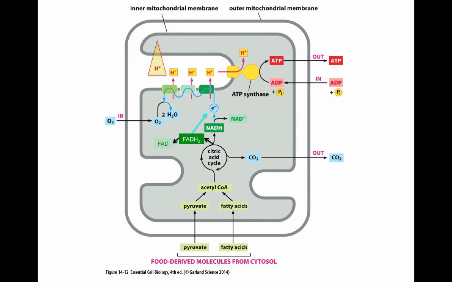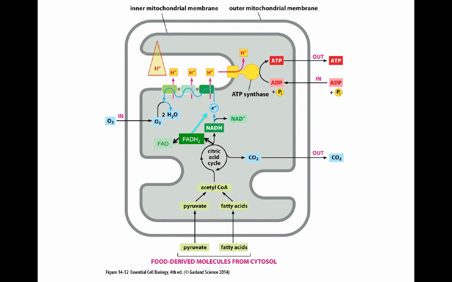Those two molecules are going to donate their electrons to the electron transport chain, shown over here at the top. The molecules of the electron transport chain present in the inner membrane of the mitochondria will pass those electrons eventually to oxygen, generating a water molecule. So from 2 oxygens, you get 2 water molecules.